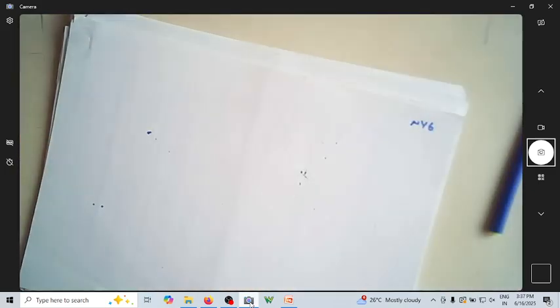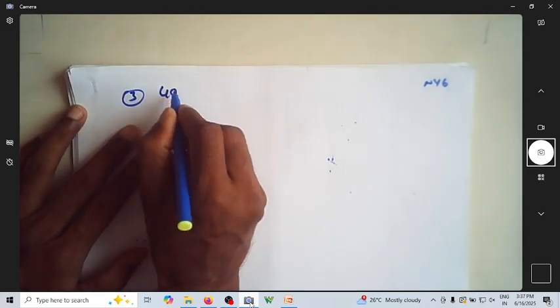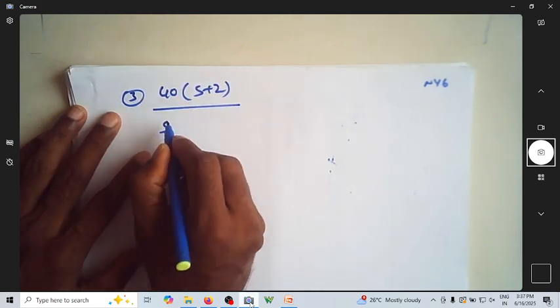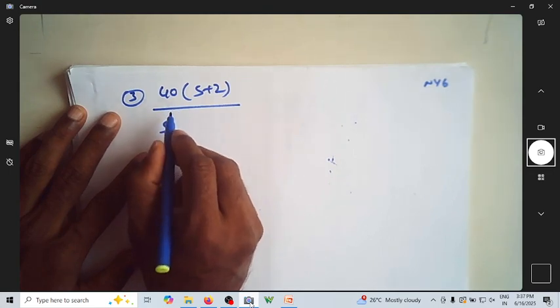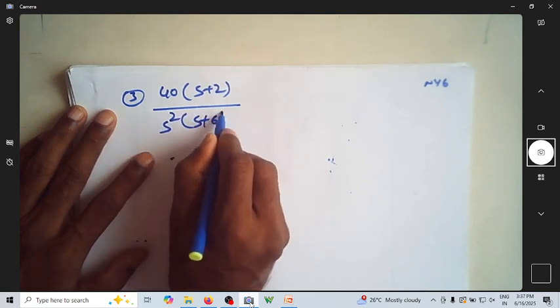Okay, we shall see another problem. It is the third one, 40 into s plus 2 divided by s square into s plus 6.